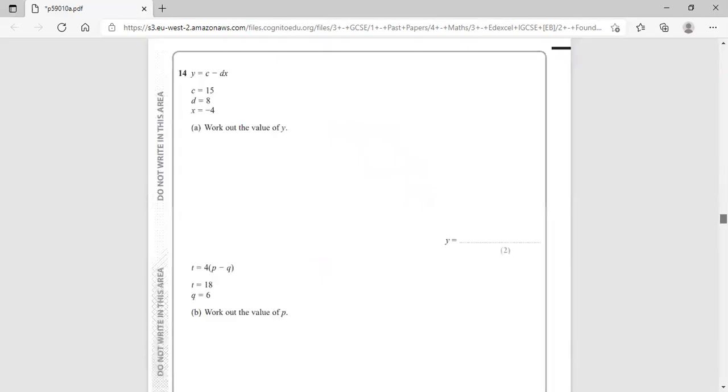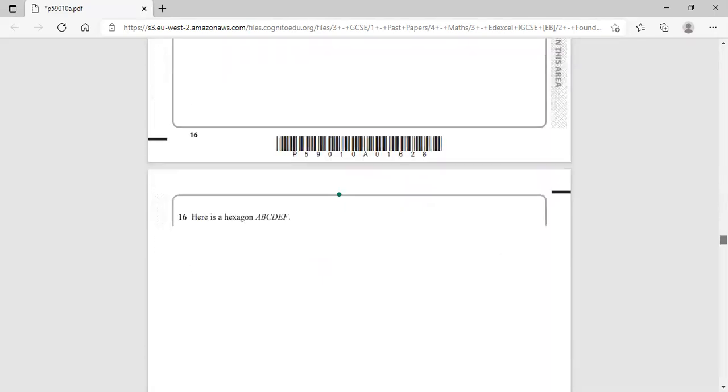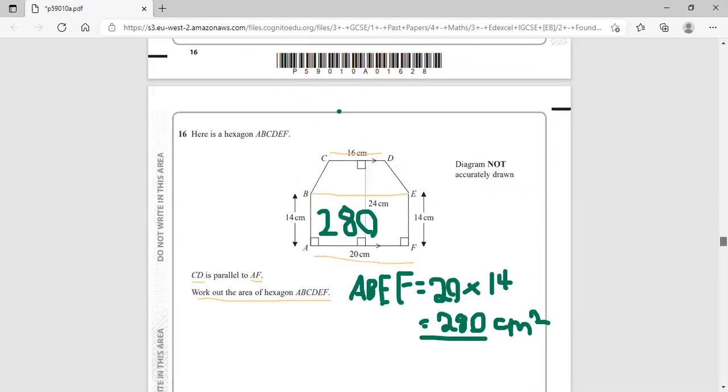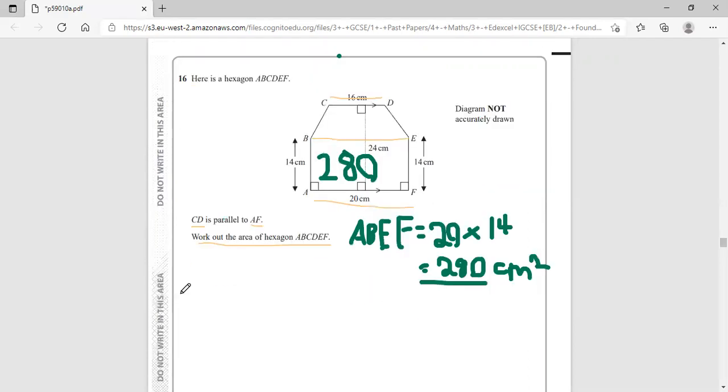So back to the question. Let's write out the formula: area equals 1/2 times (a, which is 16, plus b, which is 20 across) times the height.